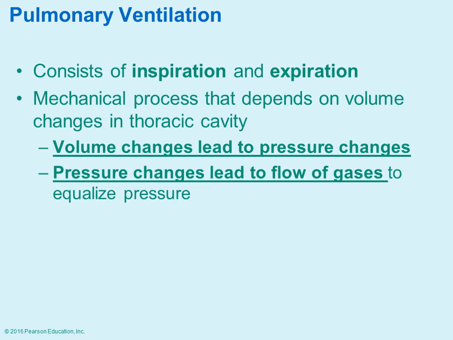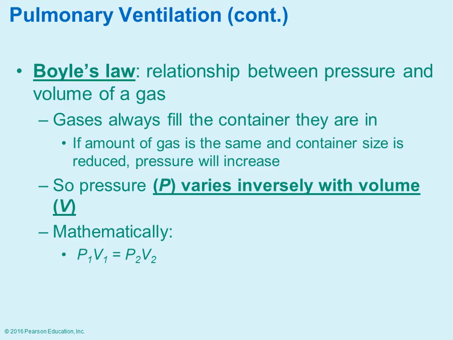So if you decrease the volume, you increase the pressure. Now the pressure is higher than the atmospheric pressure. So where does the gas want to go? From high to low. So it's going to go out of the lungs as you exhale, trying to equalize towards the atmospheric pressure. In a nutshell, that is what respiration is all about.